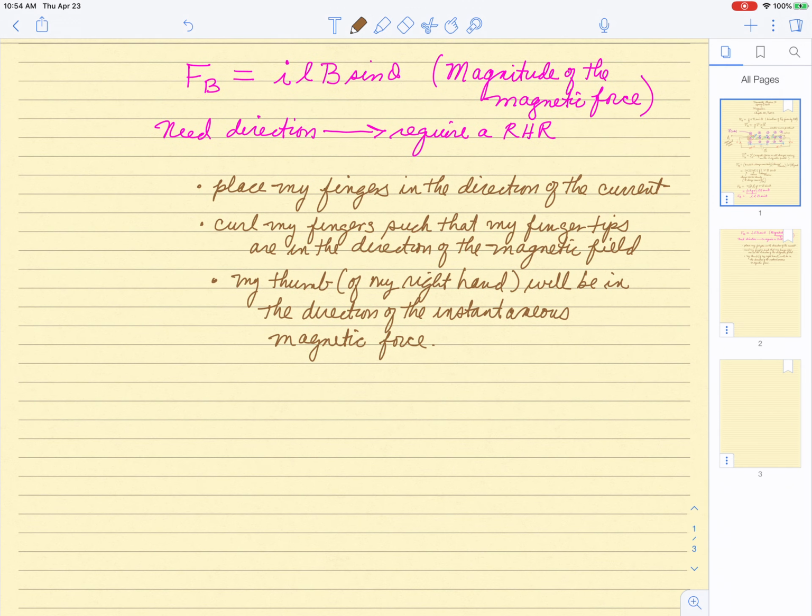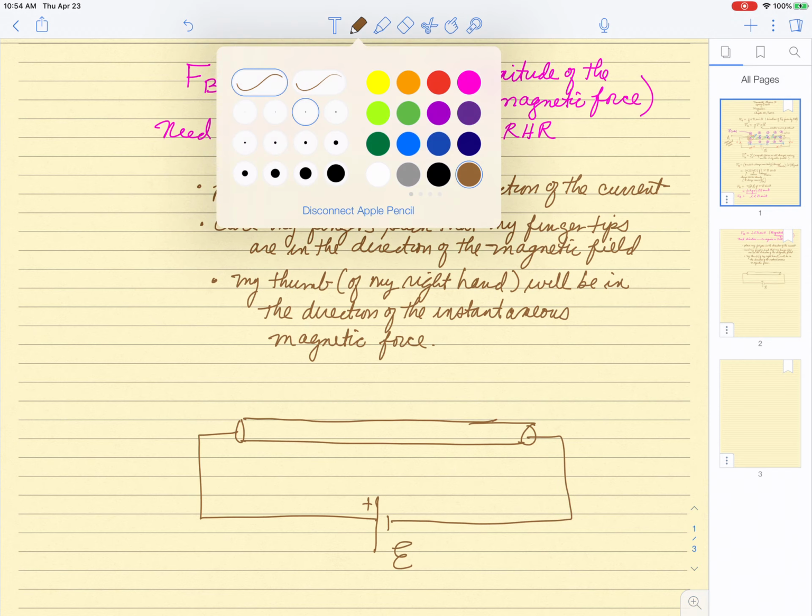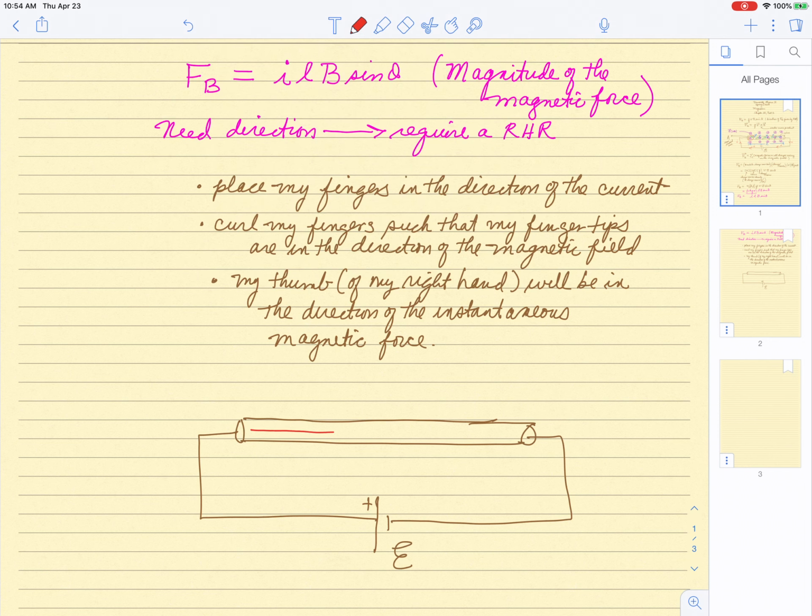Okay, then just to redraw this picture, we have a wire connected to a source of EMF. We're going to have a current established in this wire, so there's going to be a current.